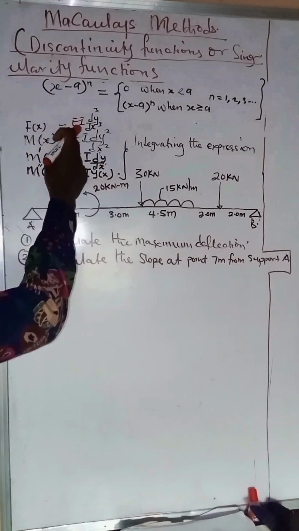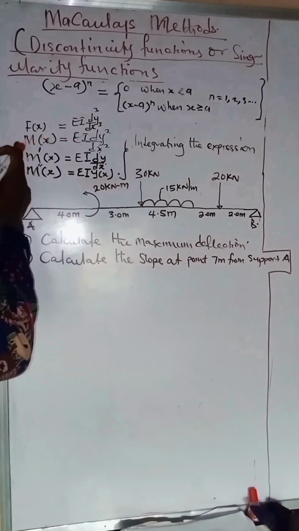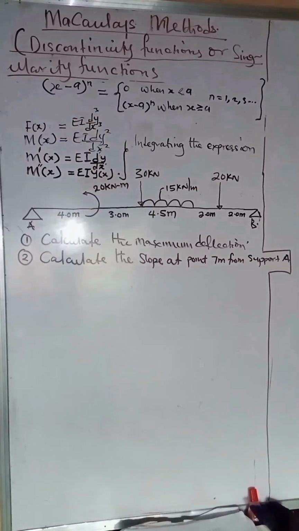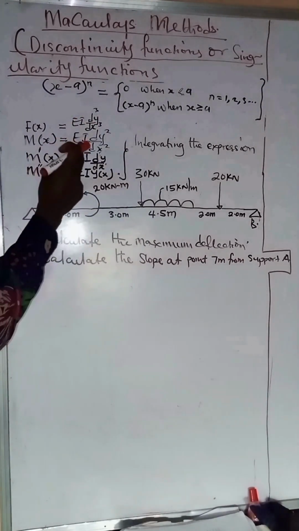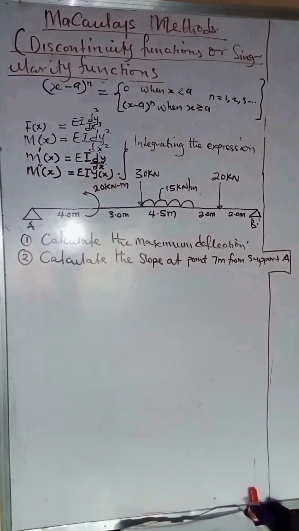When you integrate the shear force expression, we know that we'll have the moment expression. We integrate this, we'll have EI d squared y over dx squared, which means being differentiated 2 times.